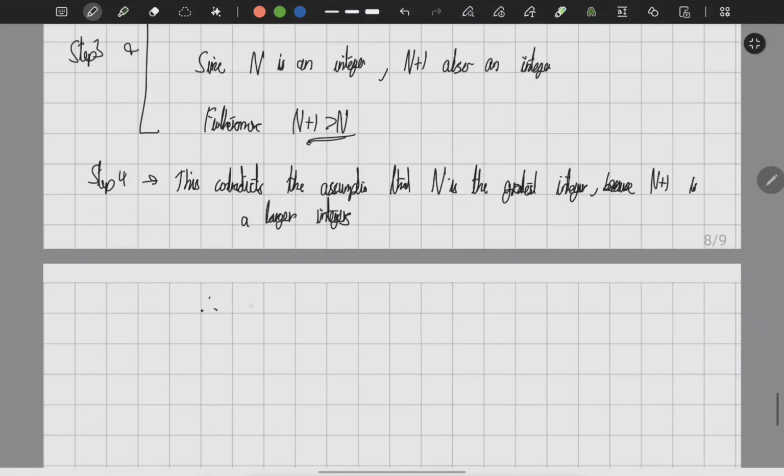So then you'd write, therefore our assumption is false and there is no greatest integer. So that's it. That's how you do proof by contradiction.